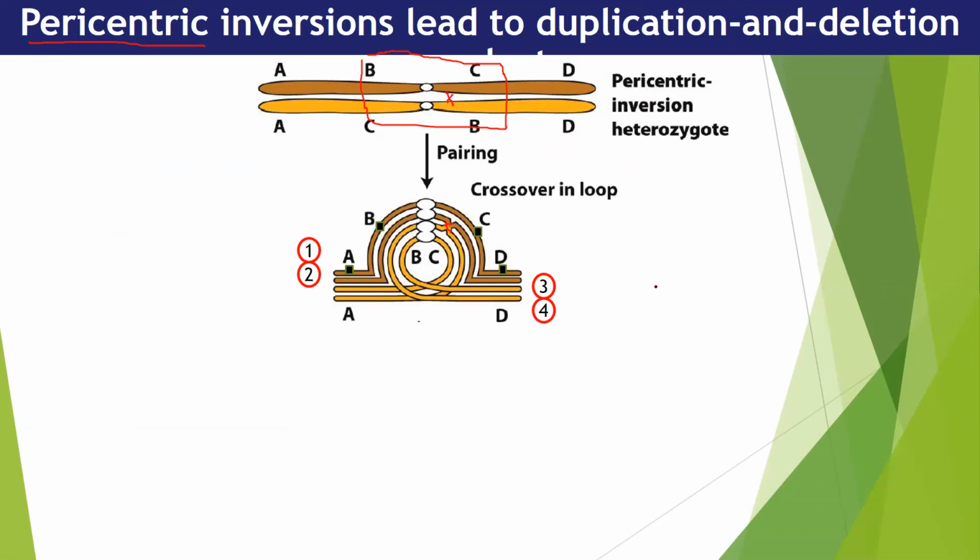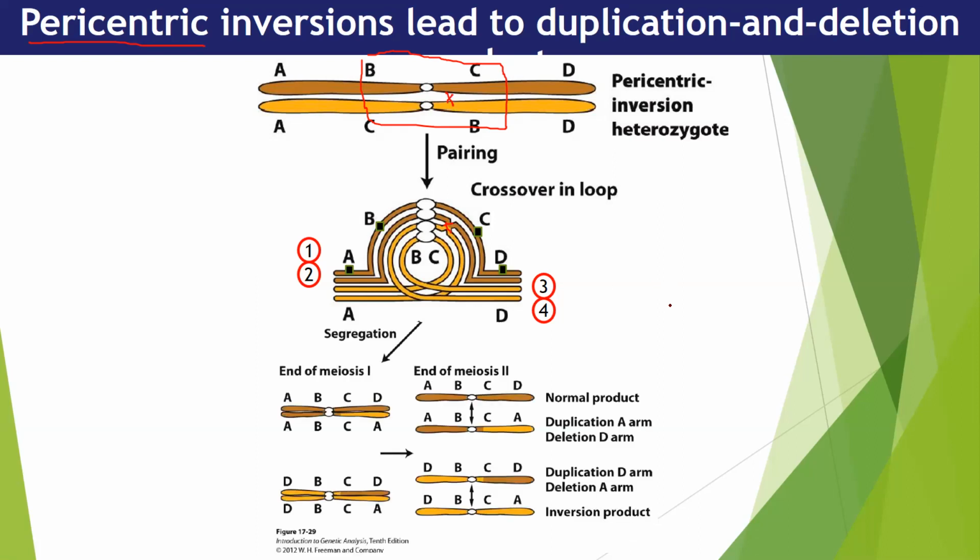After this pairing and after the crossover has occurred, following the standard genetic analysis, we could have 4 types of gametes here, right?